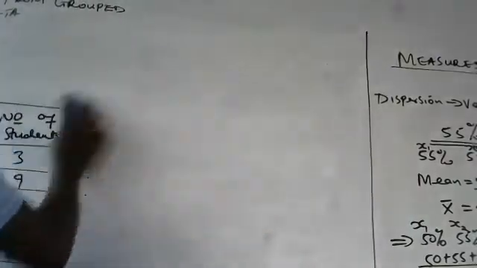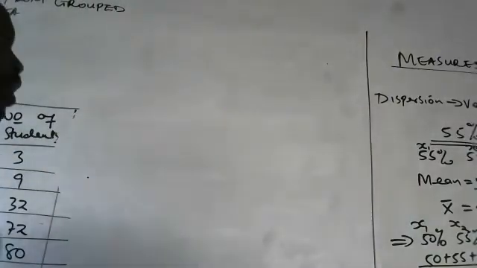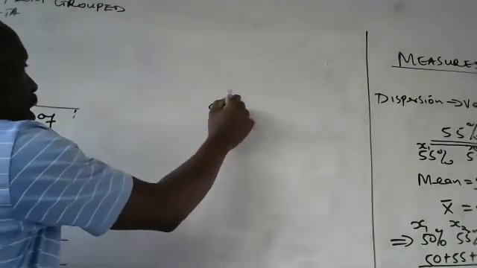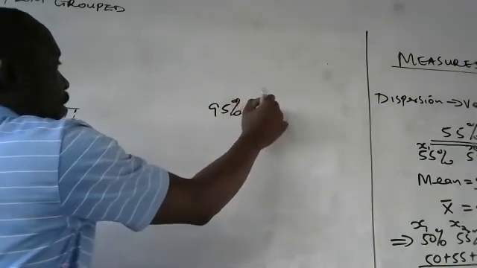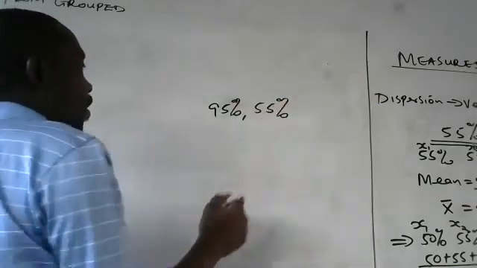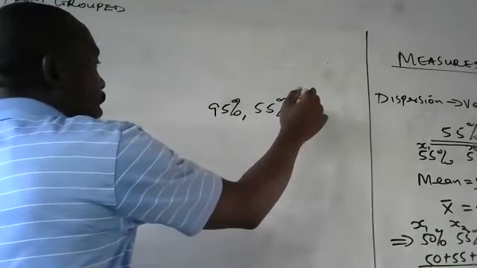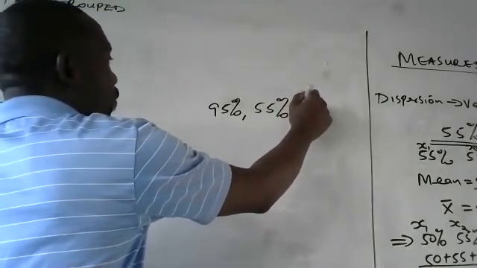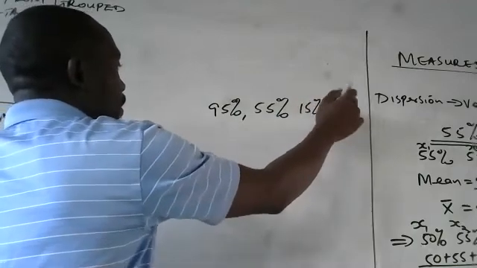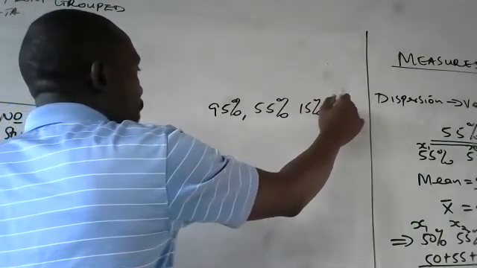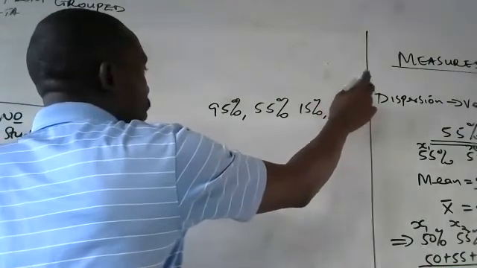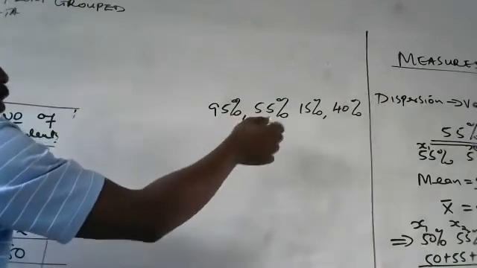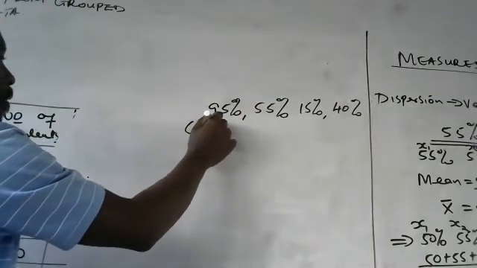You can find a case where the scores of the students are: there is a student who scored 95, there is another one who scored 55, there is another one who scored maybe 40, and there is another one who scored 65%.